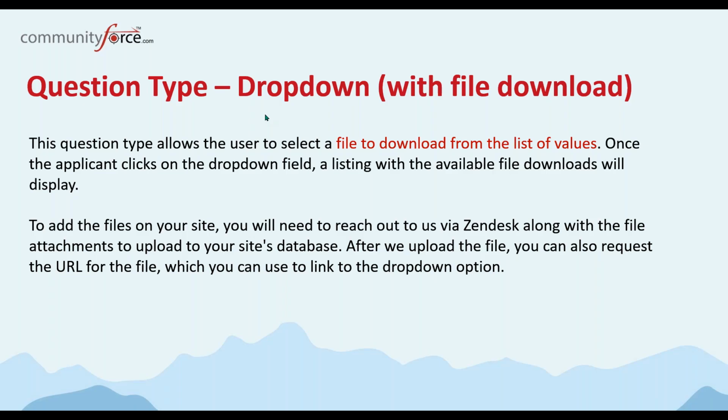Then you create one question type called dropdown, and it'll give them a whole list of files that they can select, and then you can have a separate question for them to upload, of course. So they can select it and then complete it and then upload it to the site.